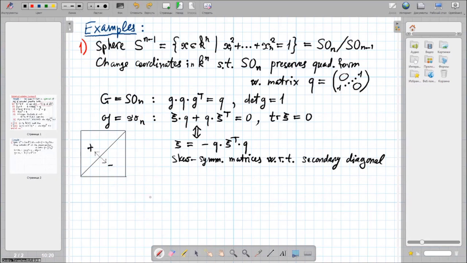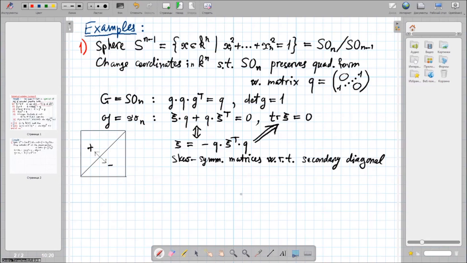Okay, this is the schematic picture for this equation. And also we see that skew-symmetric matrices have automatically trace zero. So this second equation is actually redundant. We can remove it. Okay.